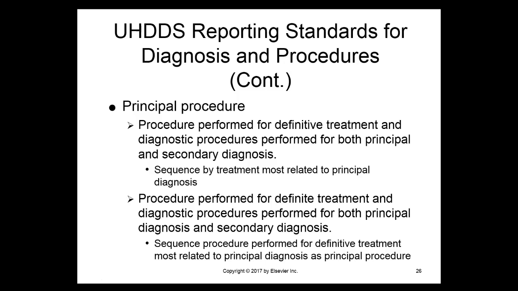The third guidance is if there's a diagnostic procedure performed for the principal diagnosis and a procedure is performed for definitive treatment of a secondary diagnosis, then we're going to sequence the diagnostic procedure as the principal procedure, since the procedure most related to the principal diagnosis takes precedence.